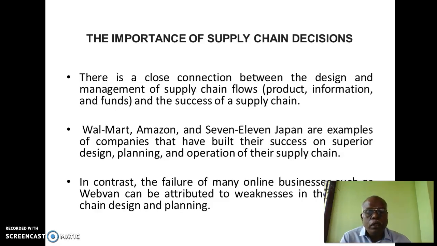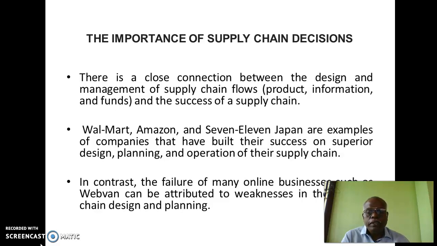Walmart, Amazon, and 7-Eleven Japan are examples of companies that have built their success on superior design, planning, and operation of their supply chain. In contrast, the failure of many online businesses such as Webvan can be attributed to weaknesses in their supply chain design and planning.